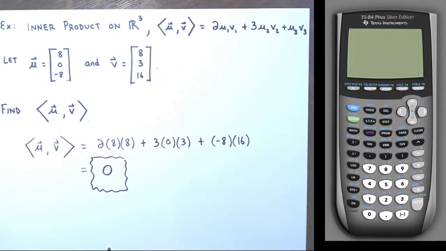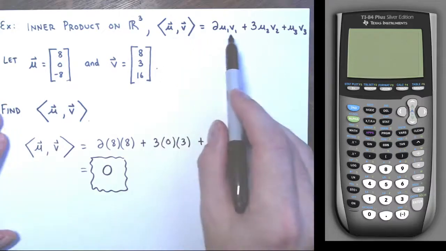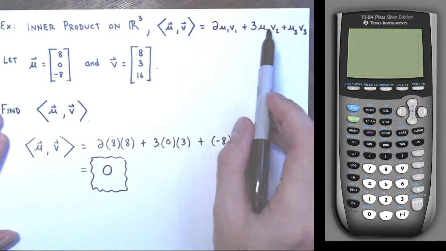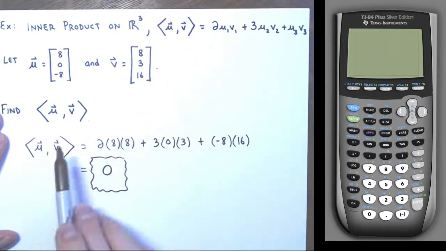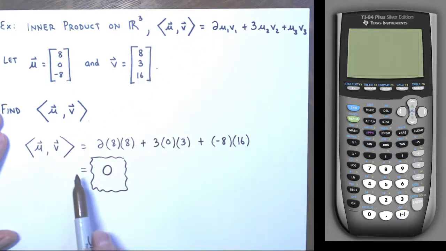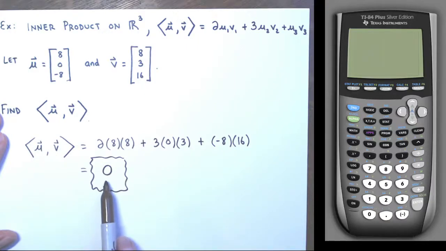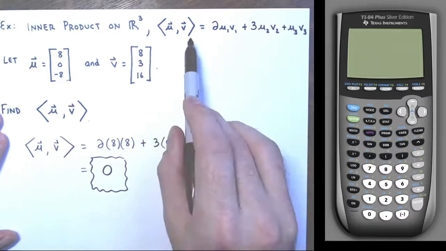So you're going to stop using the word perpendicular and start sticking to the word orthogonal, because depending on the inner product you're given, and I'm given this inner product here for R3, if the inner product of two vectors is 0, then we would call those two vectors orthogonal under that inner product.